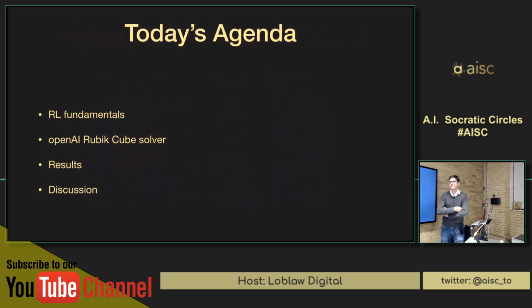I'm going to talk a bit about the reinforcement learning fundamentals, the core concepts and ideas used, and you're going to see that a lot of the work I'm going to present today is from the previous paper, where they talk about how to build a dexterous hand that can turn and flip a cube.